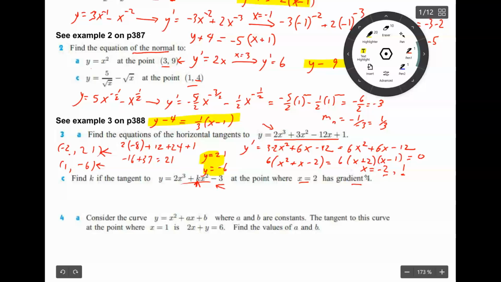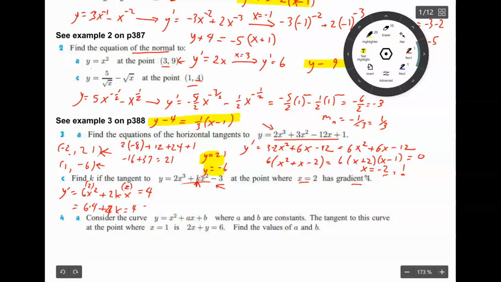So the derivative function is going to be 6x squared plus 2kx, and minus 3 derivative is 0. And we're going to say that this is equal to 4 when x equals 2. So let's plug those in, and we'll get 6 times 4 plus 2k times 2, which would be 4k, equals 4.